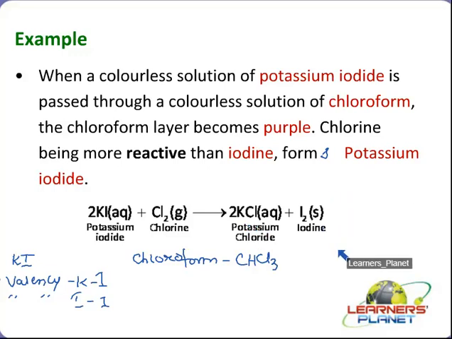And iodine is precipitated. So, chlorine being more reactive than iodine forms potassium chloride, not potassium iodide. So, it is potassium chloride. This is also an example of displacement reaction.